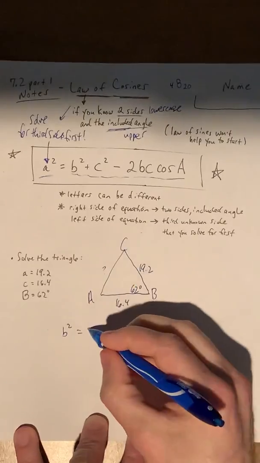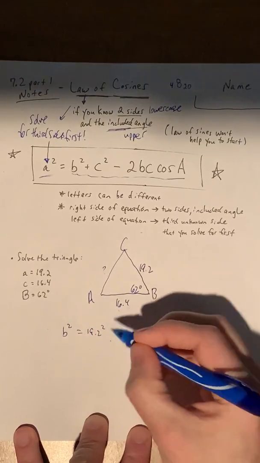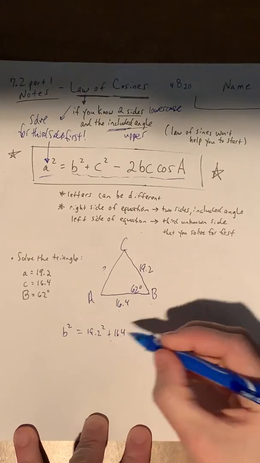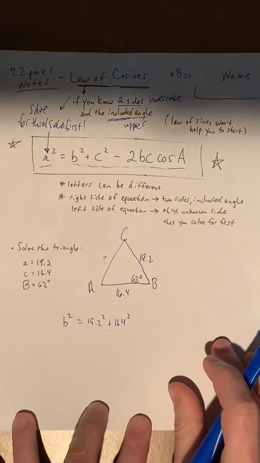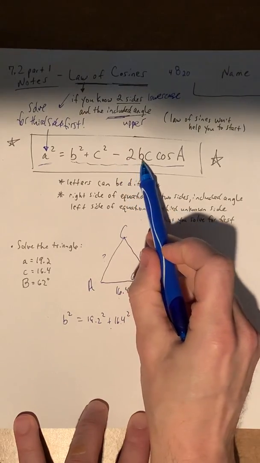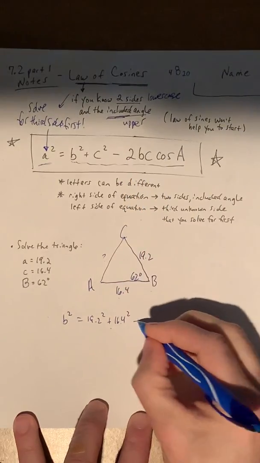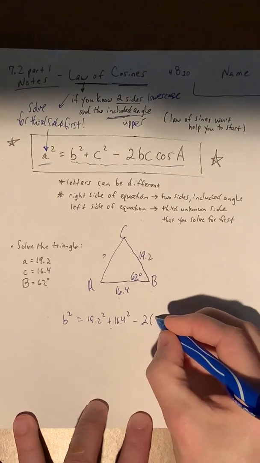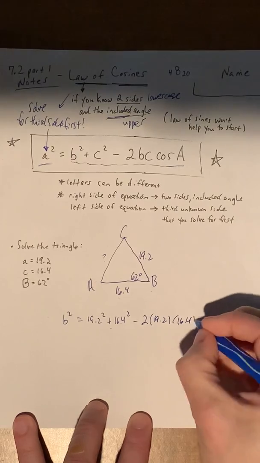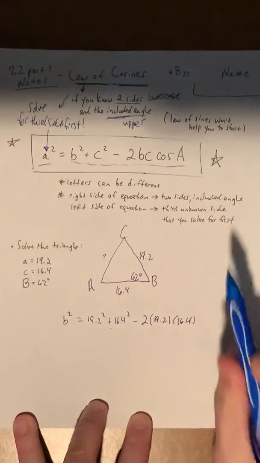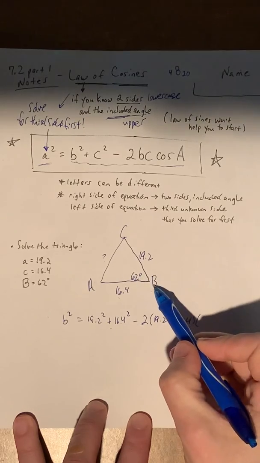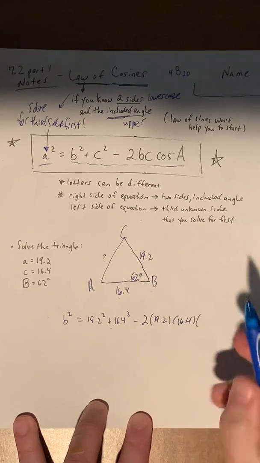So 19.2 squared plus 16.4 squared minus 2 times the product of both sides times the cosine of A, which is the cosine of this angle, which really is B, cosine of 62.